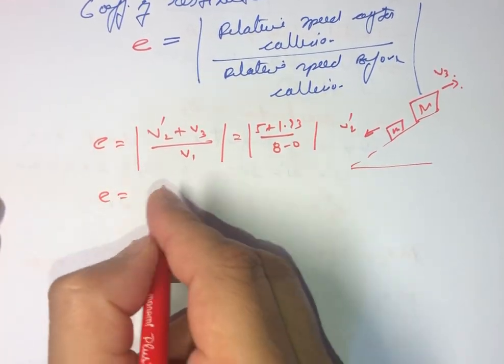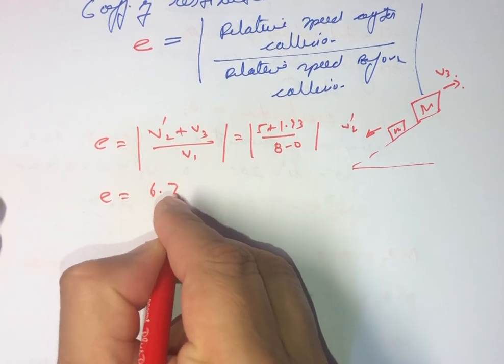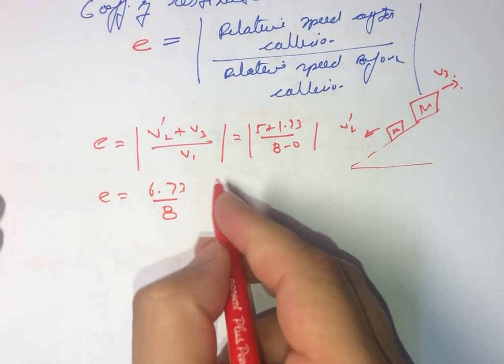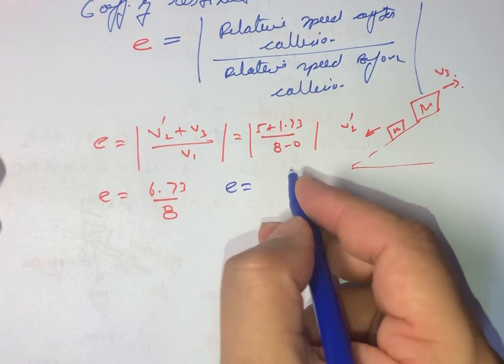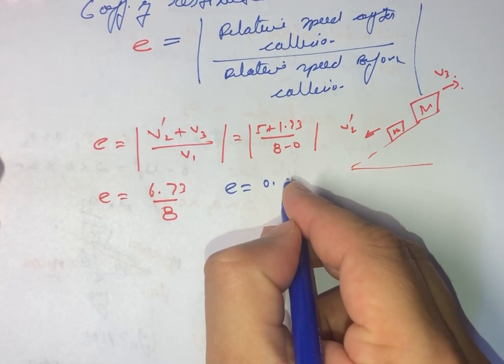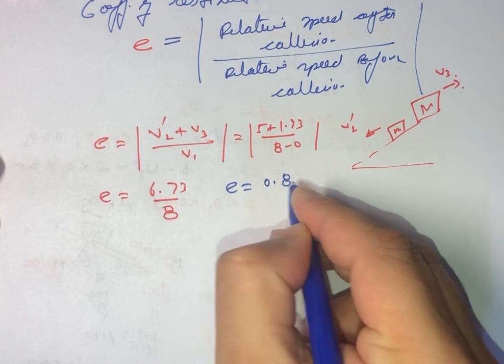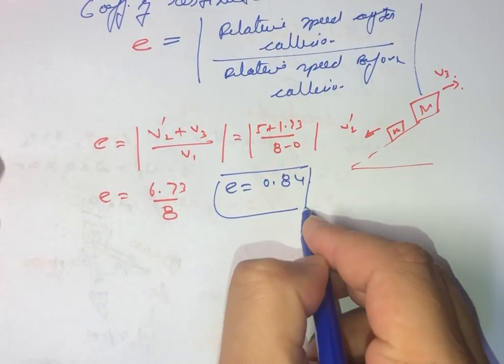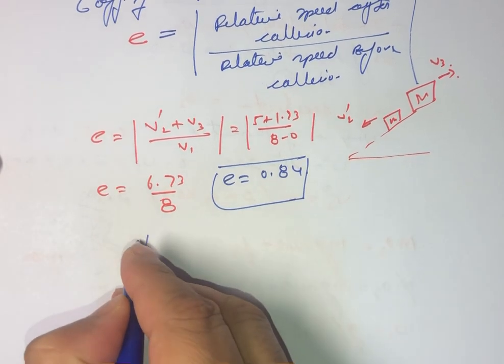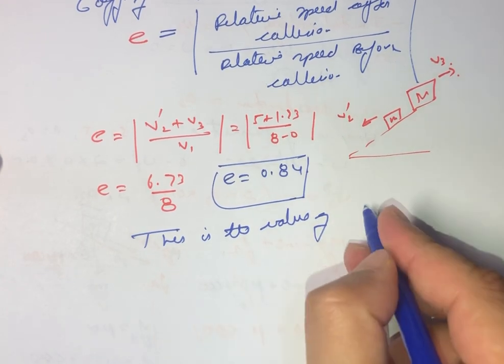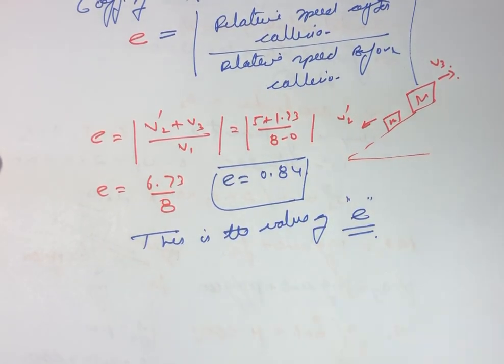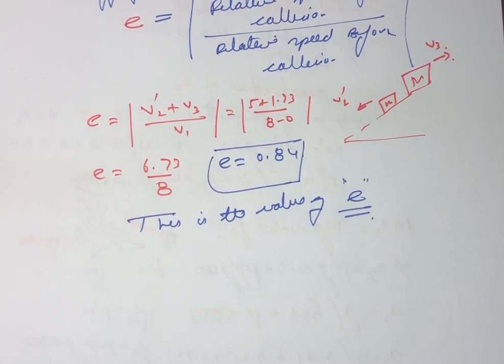So we get E is equal to 6.73 divided by 8. So we can say from here the coefficient of restitution E is equal to 0.84. This is the value of coefficient of restitution. And finally, we are going to find out the mass of capital M.